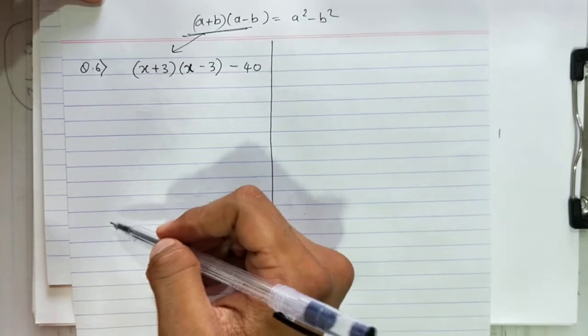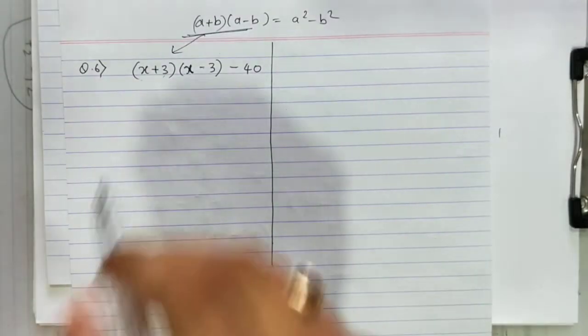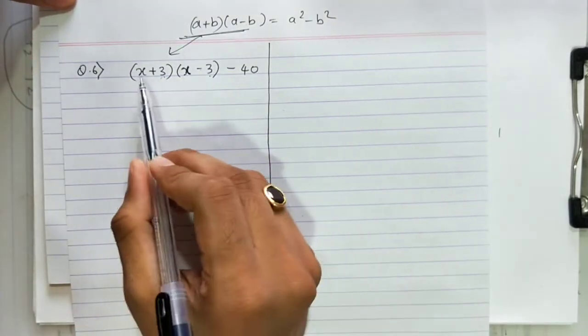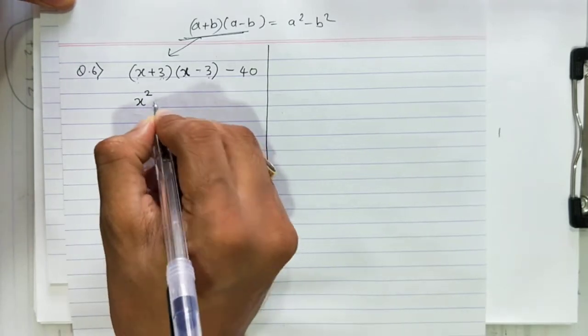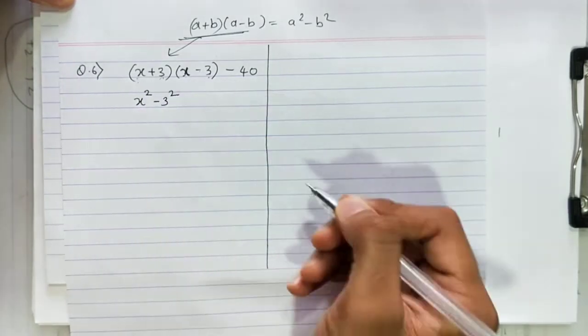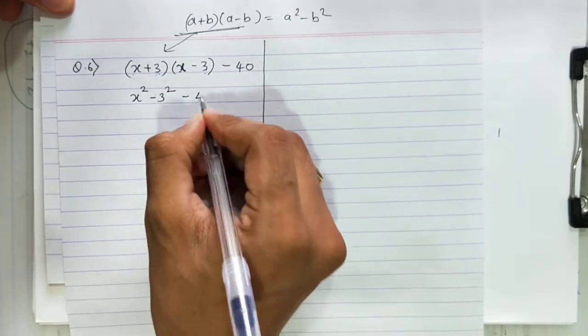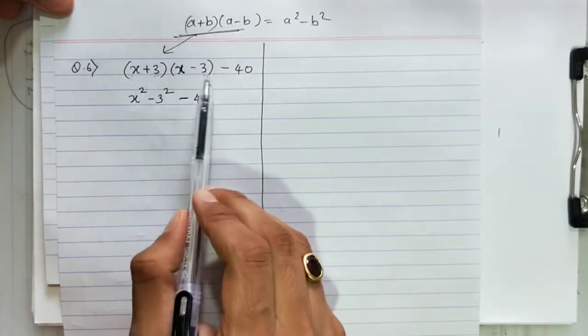See, compare it. x plus 3, x minus 3 is a plus b, a minus b, written as a square minus b square. Correct? And then there is minus 40 also. Understood? Here we applied the formula.